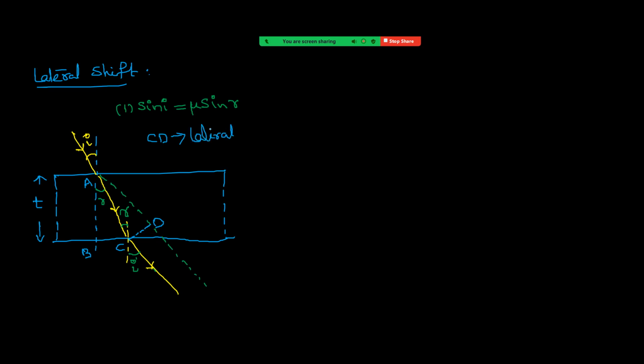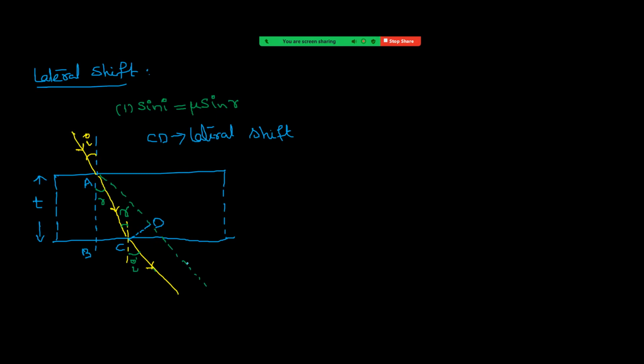See the meaning of the word lateral. Lateral means normal or perpendicular. That means the ray is shifted normal to the initial direction of motion. Get the point: there is no deviation, it is just shifted normal to the direction of motion.